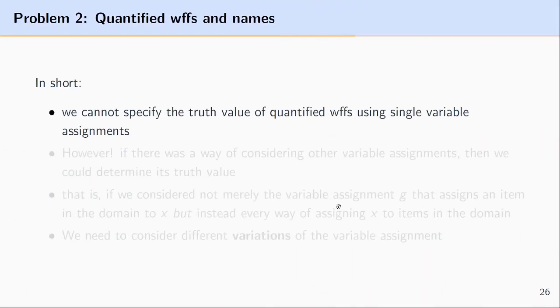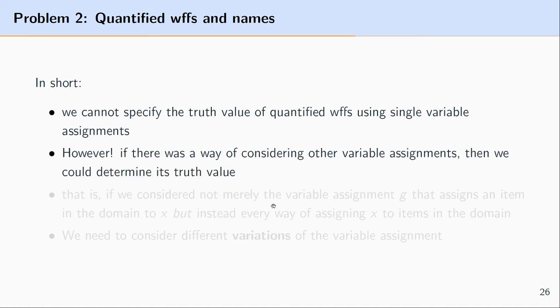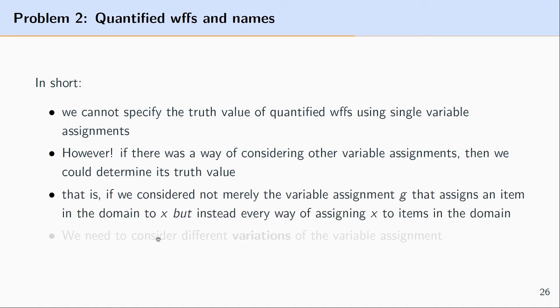So just to summarize, we can't specify the truth value of quantified formulas using single variable assignments. But if we had a way of considering other variable assignments, then we could determine the truth value of these quantified formulas. The way we would do that is if we considered not merely the variable assignment G, not just how a particular variable assignment G takes a variable and assigns it an object, but instead considering every way of assigning x to items in the domain.